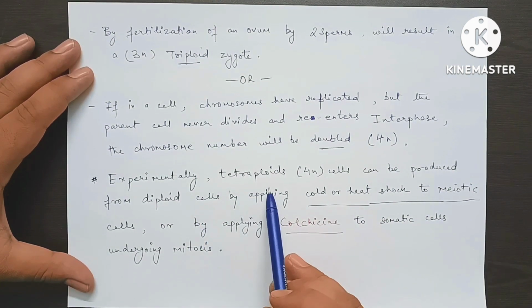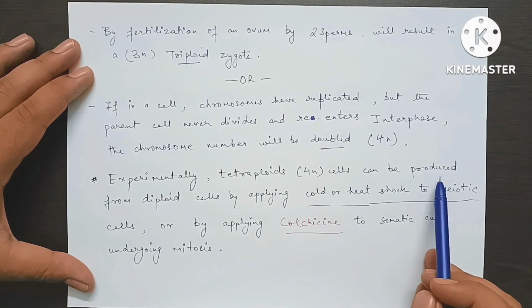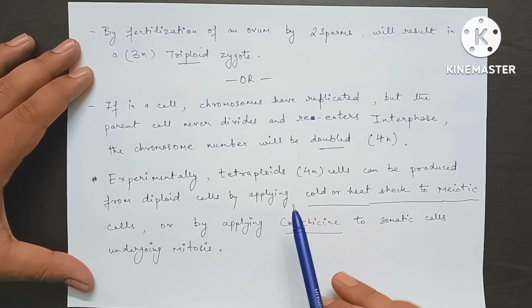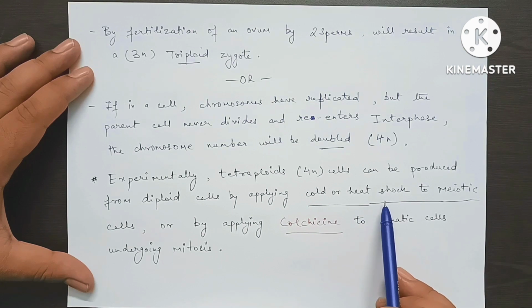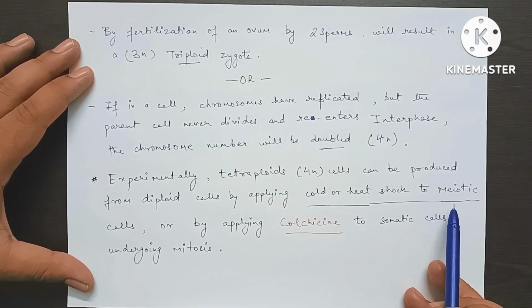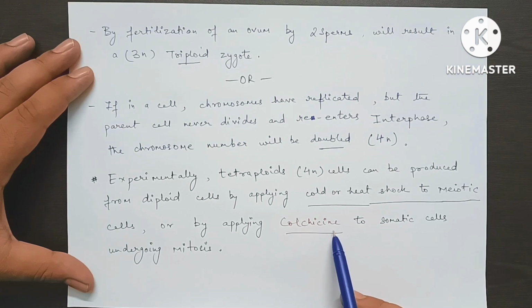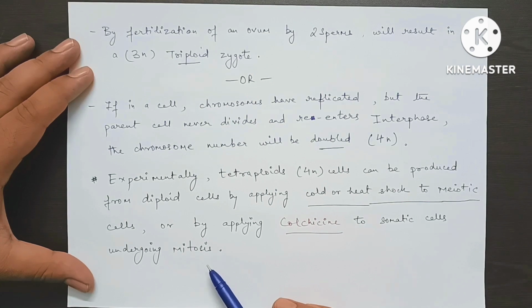Experimentally, tetraploid or 4n cells can be produced from a diploid cell by applying cold or heat shock to meiotic cells or by applying colchicine to the somatic cells undergoing mitosis.